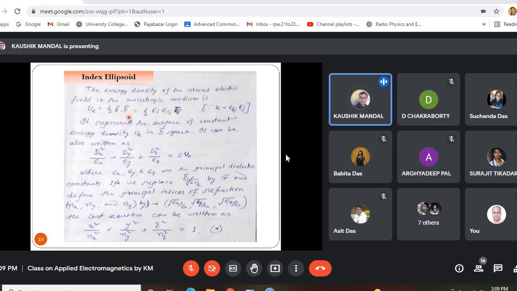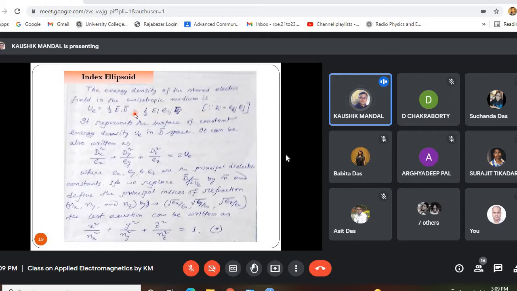UE means half of E dot D. That equation we have used several times earlier. So we directly start with the stored energy density in terms of the electric field, and we consider that this stored electric energy is uniformly distributed.